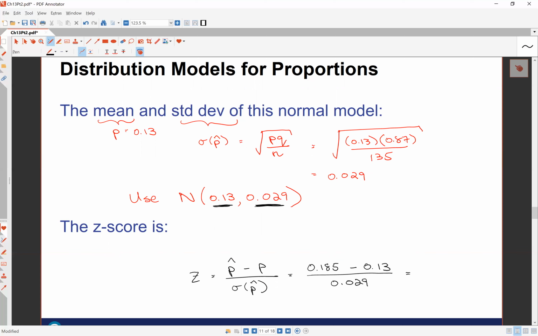So if we do this calculation, then I get a z-score of 1.897.